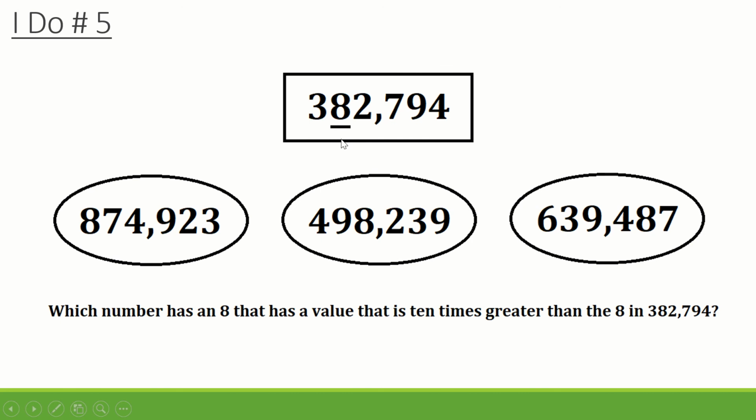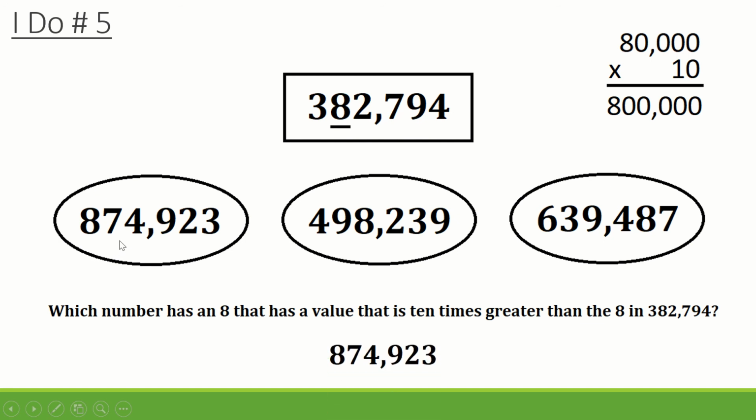At this point, hopefully you're catching on that this 8 has a value of 80,000. If I were to multiply that 80,000 by 10, I would get 800,000. So which of these numbers has an 8 in the hundred thousands place? The answer is 874,923.